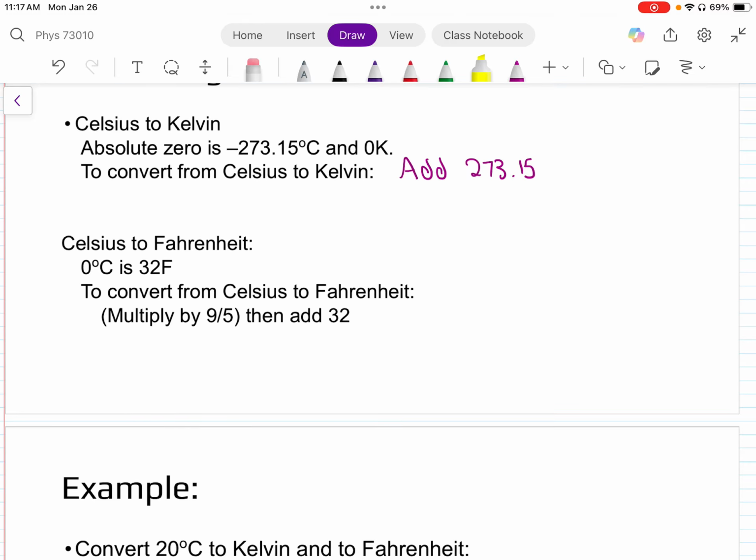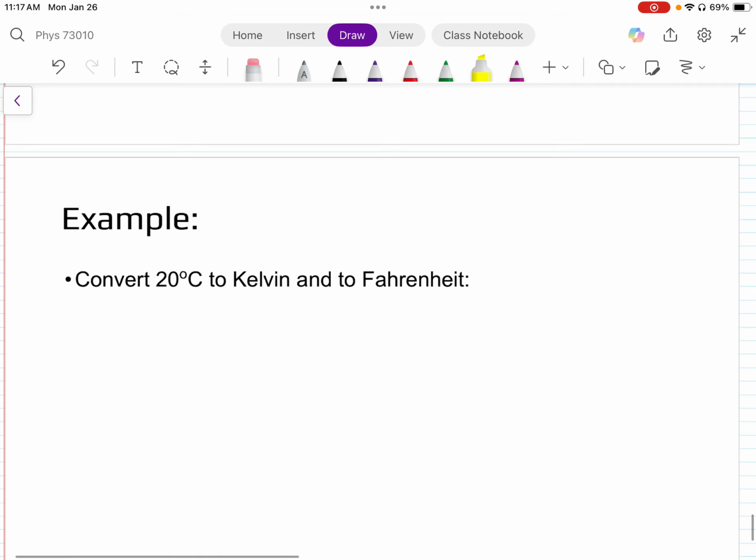To convert, we're going to multiply by 9/5, which is roughly 2, and then add on 32. So just one last quick one, and then we'll call it quits for this week. Let's say we had 20 degrees Celsius. To get that to Kelvin isn't really that hard.